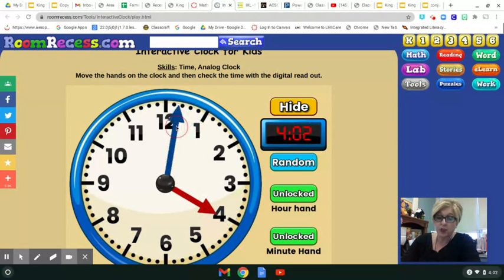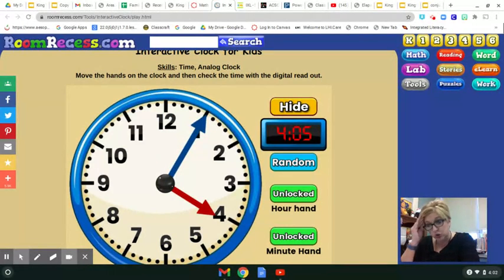And this helps us also remember and practice how to count by fives. So as you see on the digital screen, it's now 4:05. The analog clock shows 4:05 as well. The minute hand being on the 1, that's 5 minutes. So again, every number is 5 minutes.